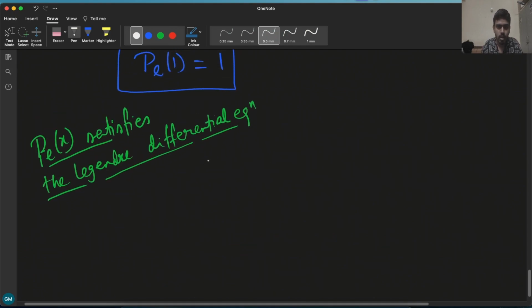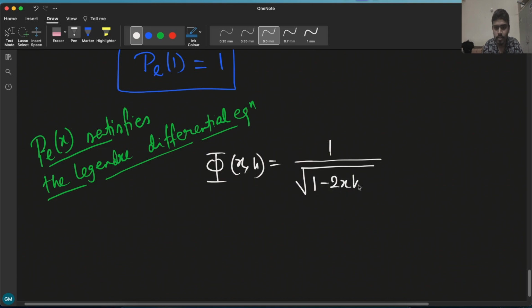Okay, so phi as a function of x and h, we have 1 by root under 1 minus 2xh plus h square, which we are claiming that we can write as the sum of PL(x) h to the power L, L equals 0 to infinity, right?